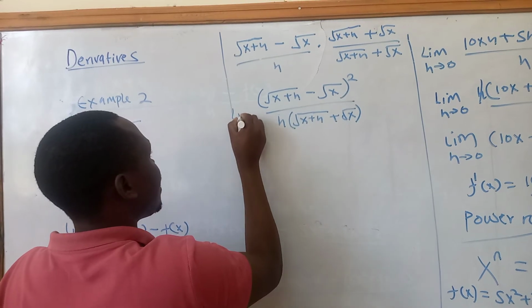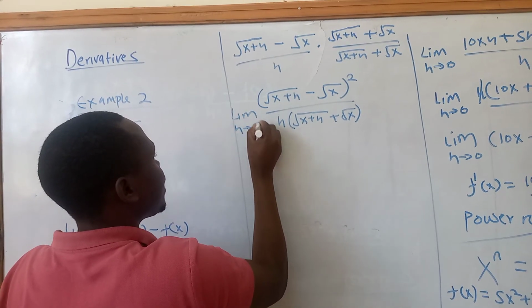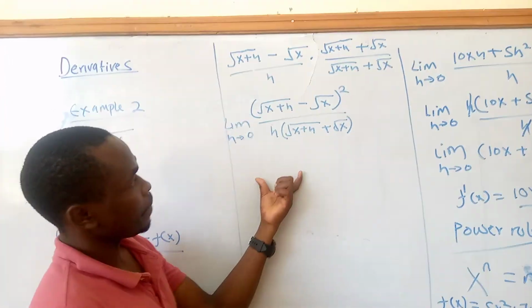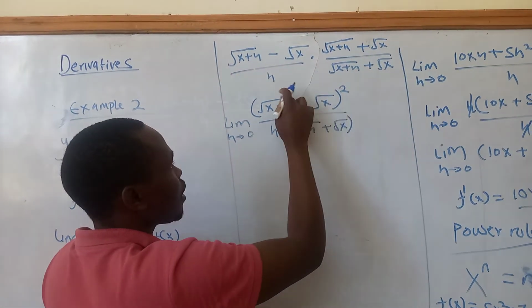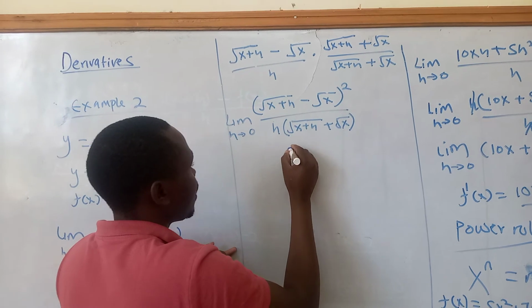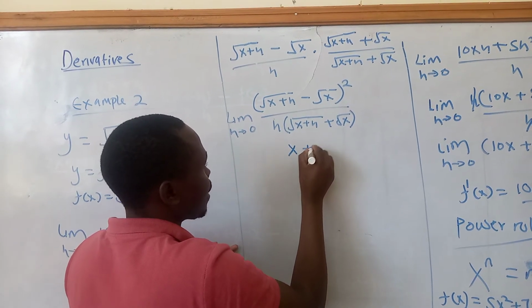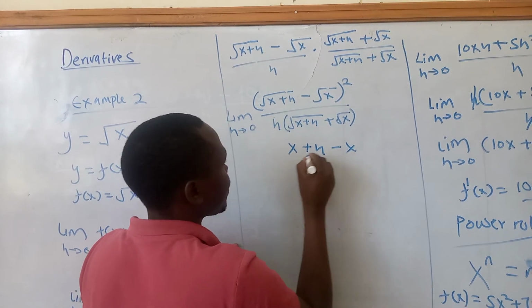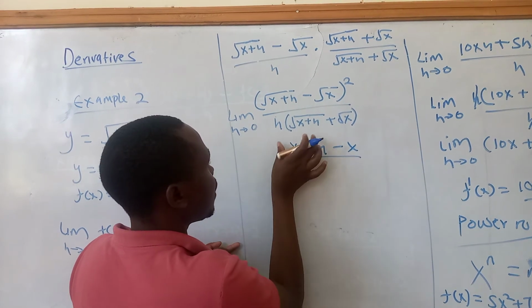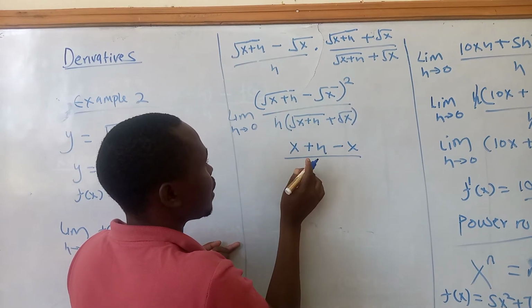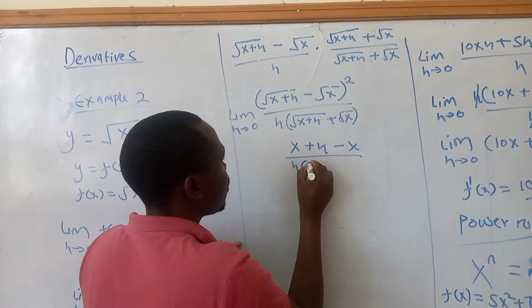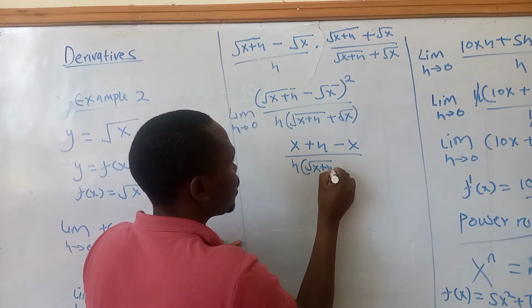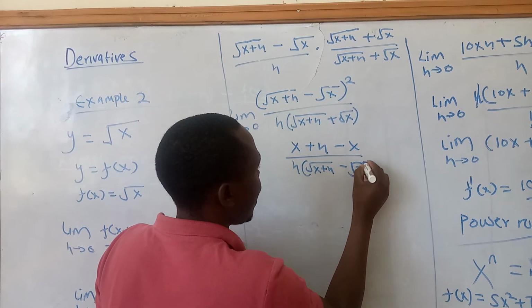Then remember the limit as h approaches 0. Then this one will cancel the roots. It's the same as x plus h minus x divided by this one, h into the root of x plus h plus root of x.